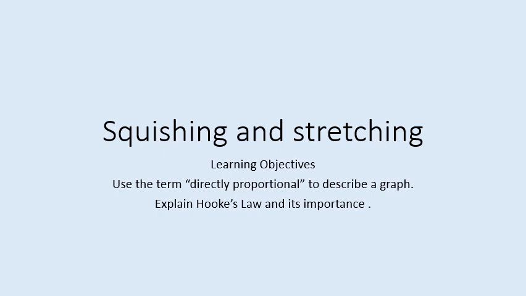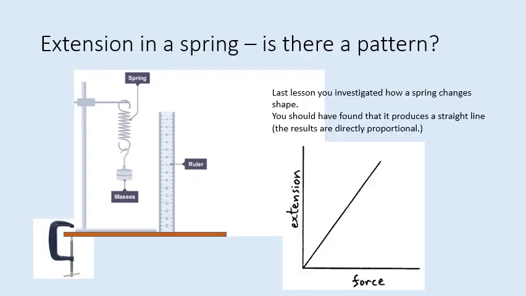Last lesson, you were using an animation to collect some results on how a spring changes length as you add masses to it. You should have plotted your graph and found that you get a straight line. That straight line means that the force and the extension are directly proportional.